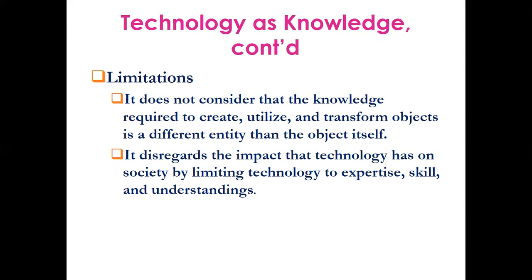It separates the two and makes it look as though it stands on its own. So it disregards the impact that technology has on society by limiting technology to expertise, skill, and understanding.